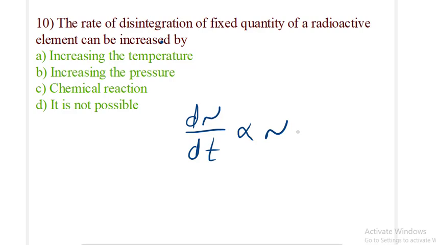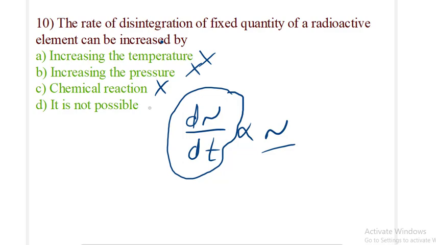So here temperature is not there, pressure is not there, more the number of nuclides which have not decayed. So this rate depends on N. More the number of N, more is the decay, less the number of nuclide, less the decay. So all options are incorrect. So it is not possible.